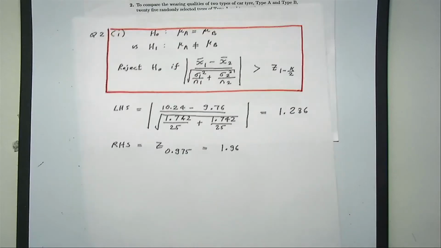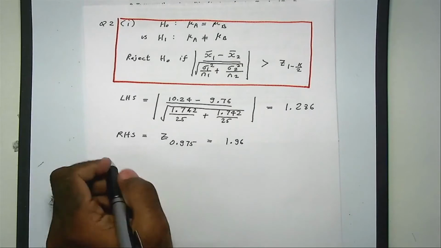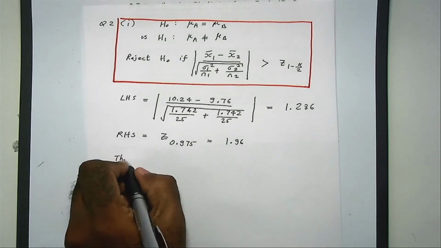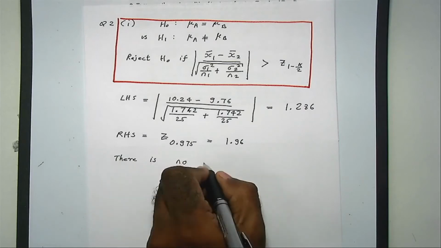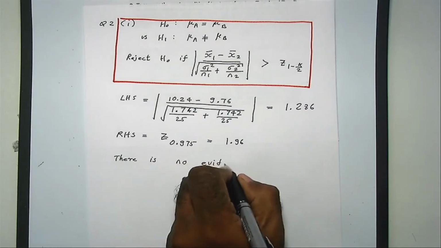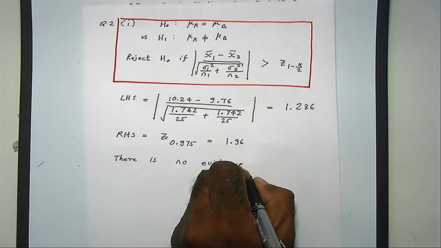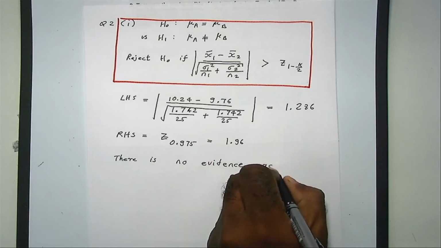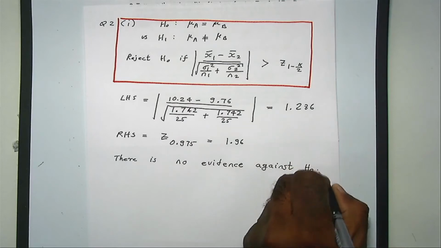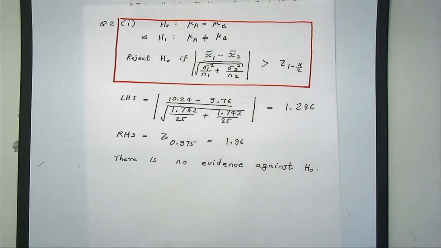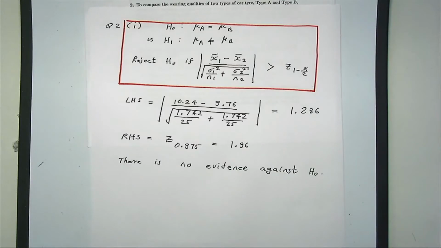So the conclusion is that there's no evidence against the null hypothesis, right? So this completes the first part.